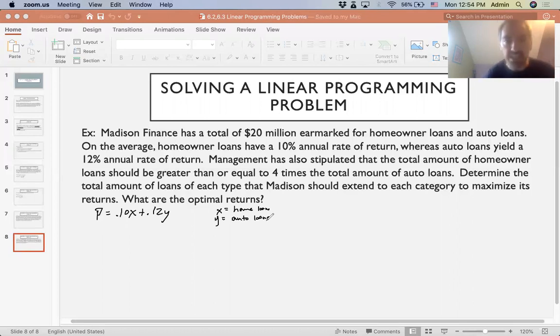All right, so we need to know what our constraints are. We have $20 million that we can use for these homeowner loans and auto loans, so we cannot use more than $20 million. That's our first constraint: if we add the amount of home loans plus the amount of auto loans, that cannot be more than $20 million.